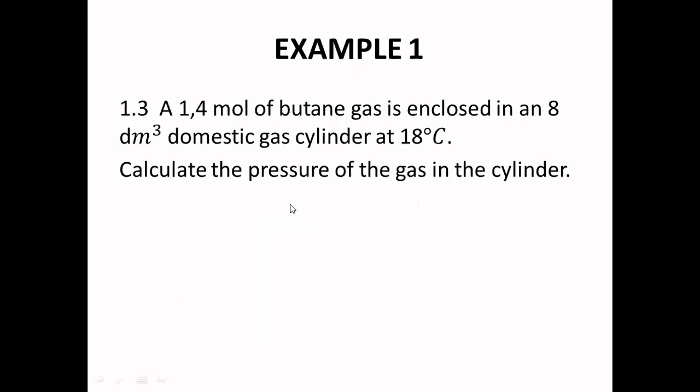Okay, so 1.3. A 1.4 mole of butane gas is enclosed in an 8 cubic decimeter domestic gas cylinder at 18 degrees Celsius. The question is to calculate the pressure of the gas in the cylinder.